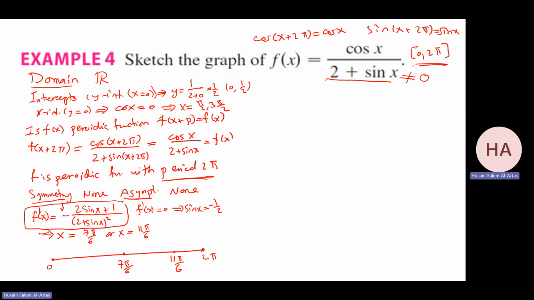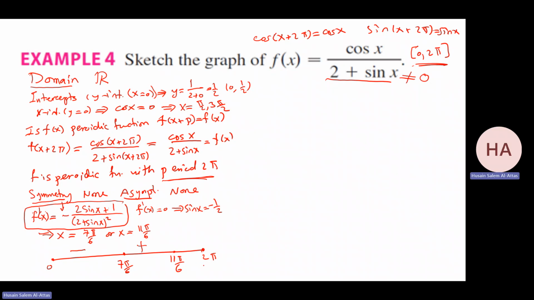Sine pi is 0, so I have minus 1, so that will be negative. Now, I'll take a value between 7 pi over 6 and 11 pi over 6. I will take 3 pi over 2. Sine 3 pi over 2 is minus 1. So that will be minus 2 plus 1, minus, that will be plus.